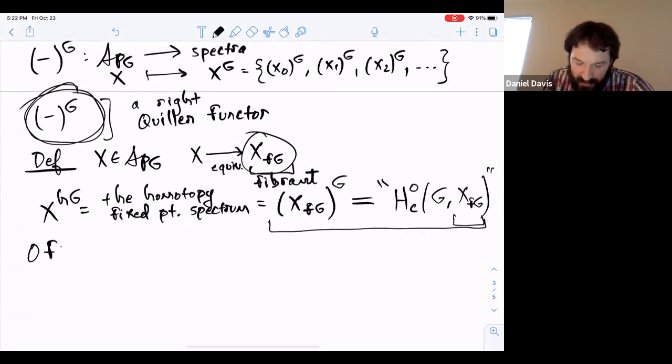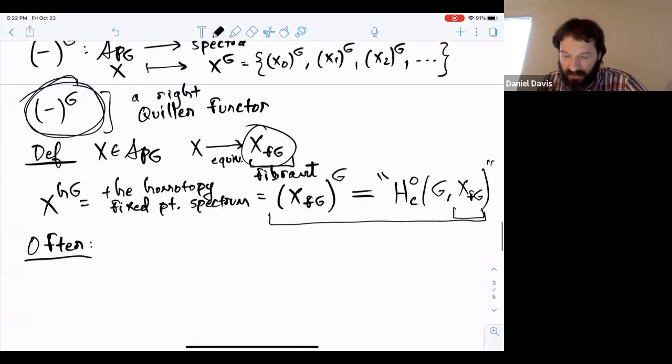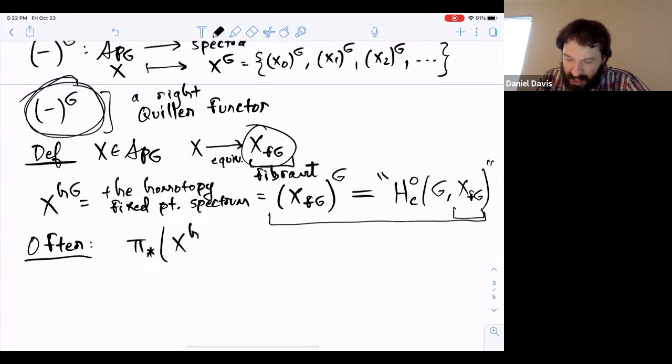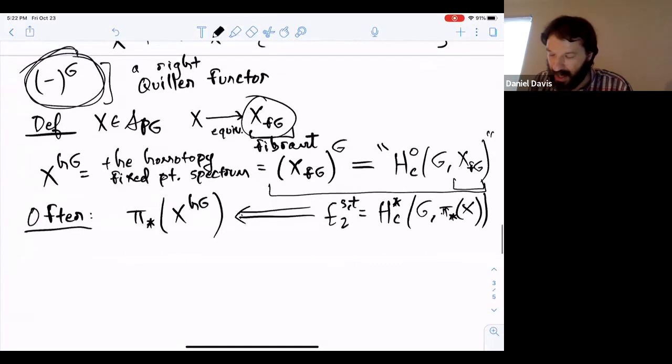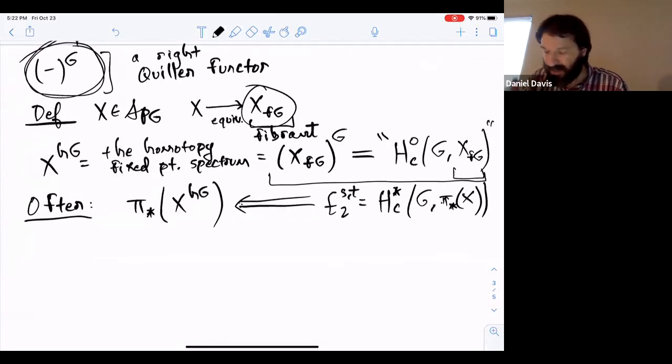And often, so I don't have time to talk about the hypotheses that are needed, but they are often satisfied. There is a spectral sequence whose abutment is the stable homotopy groups of the homotopy fixed point spectrum. And the E2 term of this spectral sequence is the continuous cohomology of G with coefficients in the stable homotopy groups of X, okay?